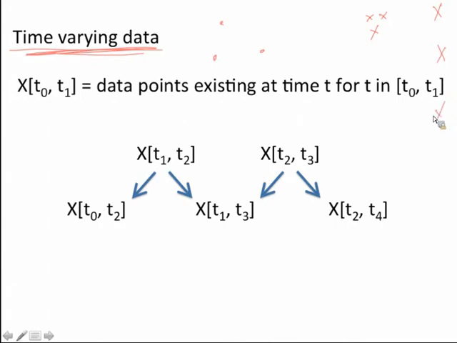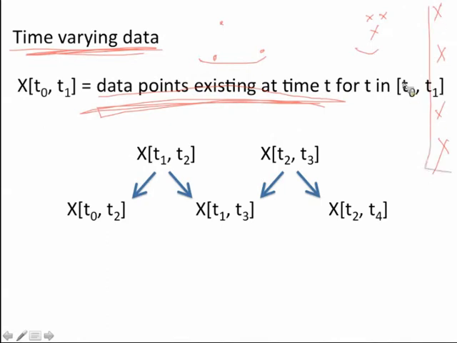And maybe we might even have more points at different times. So we can take a look at data points and where and when they exist at different times. So you can think about time series data. So you might look at some signal processing type stuff and want to see how the signals vary with respect to time. So anything where your data varies with respect to time, you might be interested in understanding how that data works.